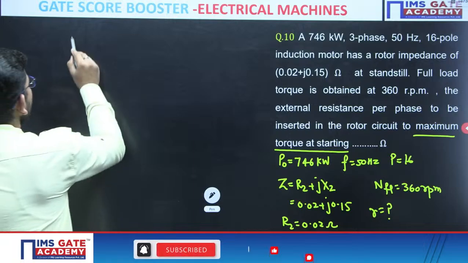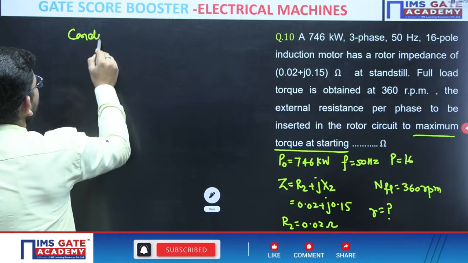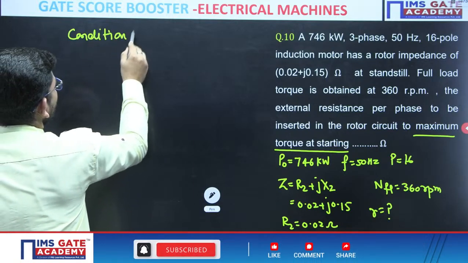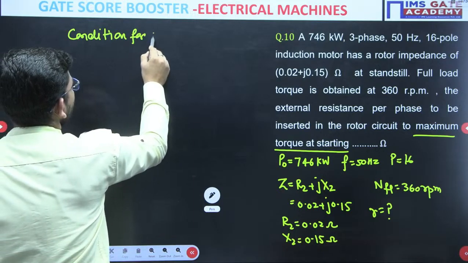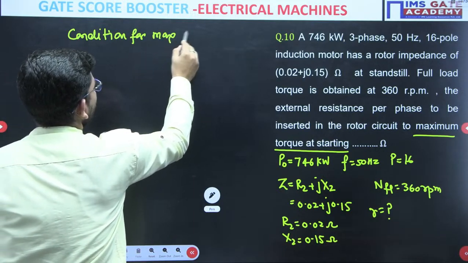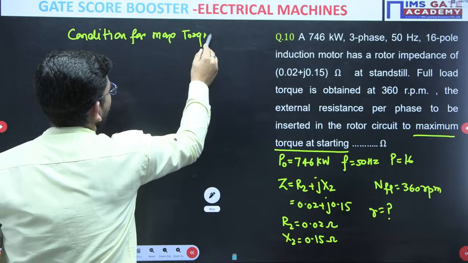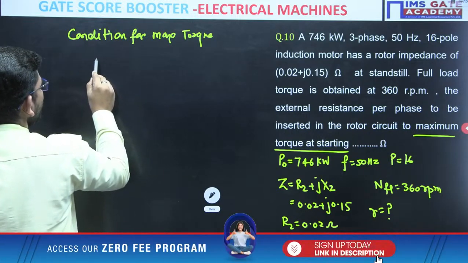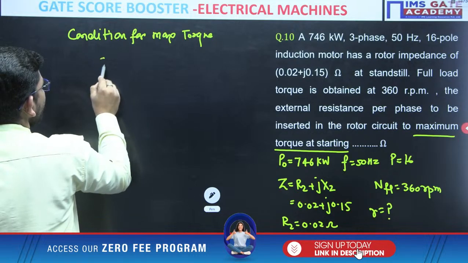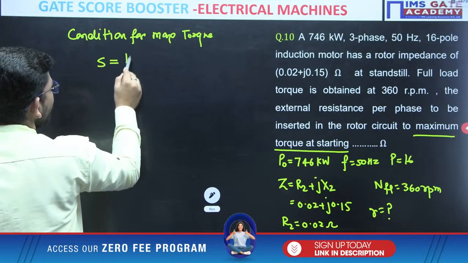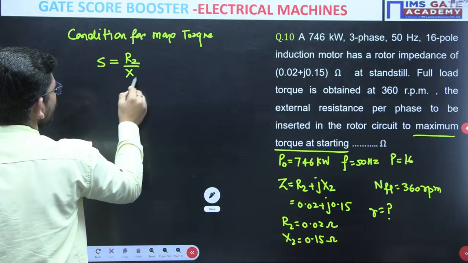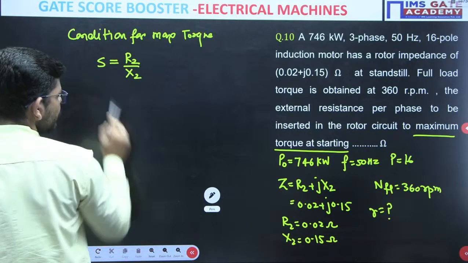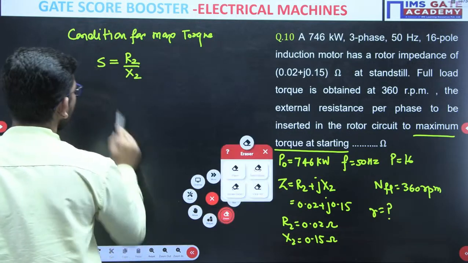So what is the condition for getting maximum torque? The slip should be R2 over X2, right? The slip corresponding to maximum torque should be R2 over X2.